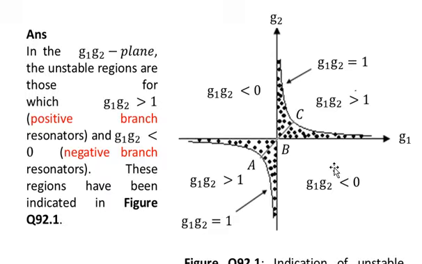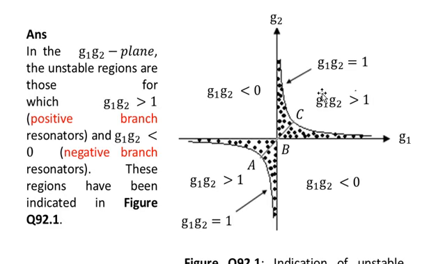More detail in this answer will be given about the positive branch resonators. This is the stability curve for the resonators, and we have discussed this curve in many of our previous slides. So if you want greater detail, look at the foregoing slides. We have defined G1 earlier as G1 equal to 1 minus L over R1, and G2 as 1 minus L over R2.